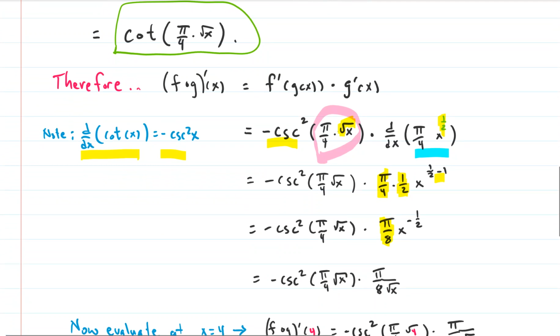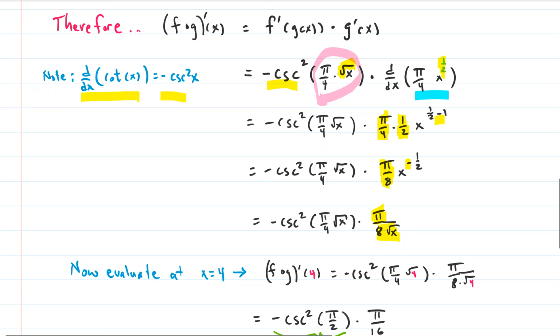That negative tells us that the x needs to go down to the bottom, and we can put it back in its radical form. So we have negative cosecant squared of quantity pi fourth times root x. That all is just carried down from the very first step. And the derivative of the inside ends up being pi over 8 root x.